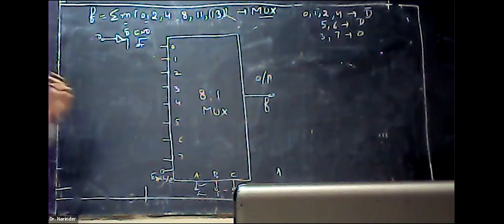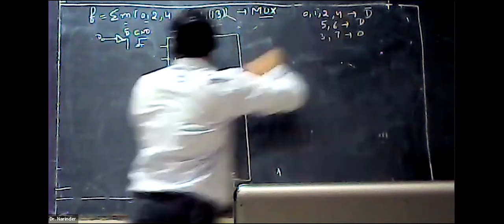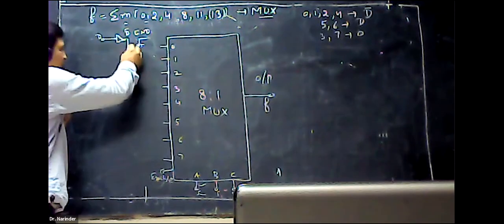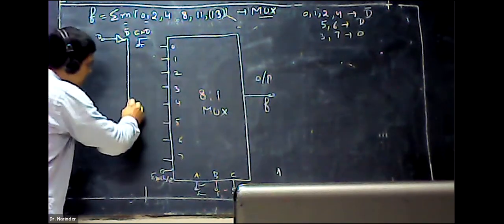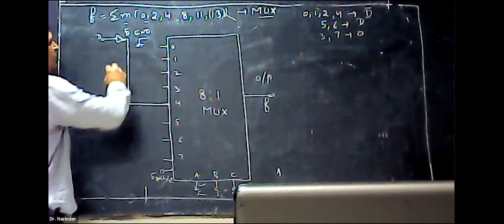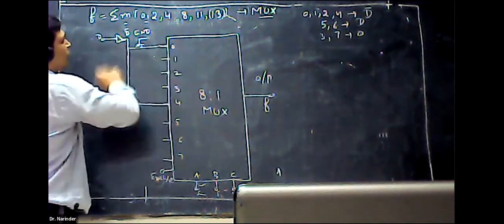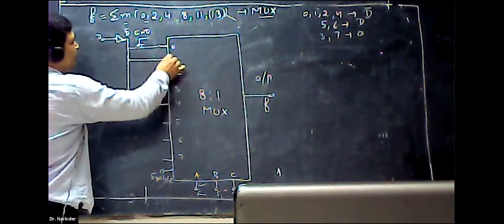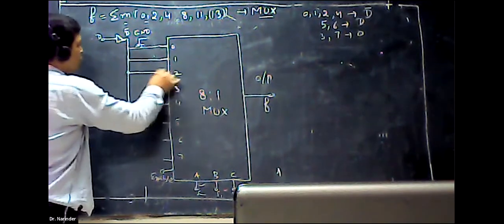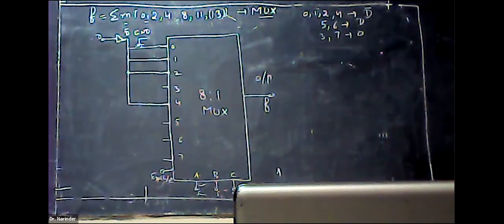D bar is connected to 0, 1, 2, 4. So go for the maximum value first: 0, 1, 2, 4. It is connected over there, D bar.